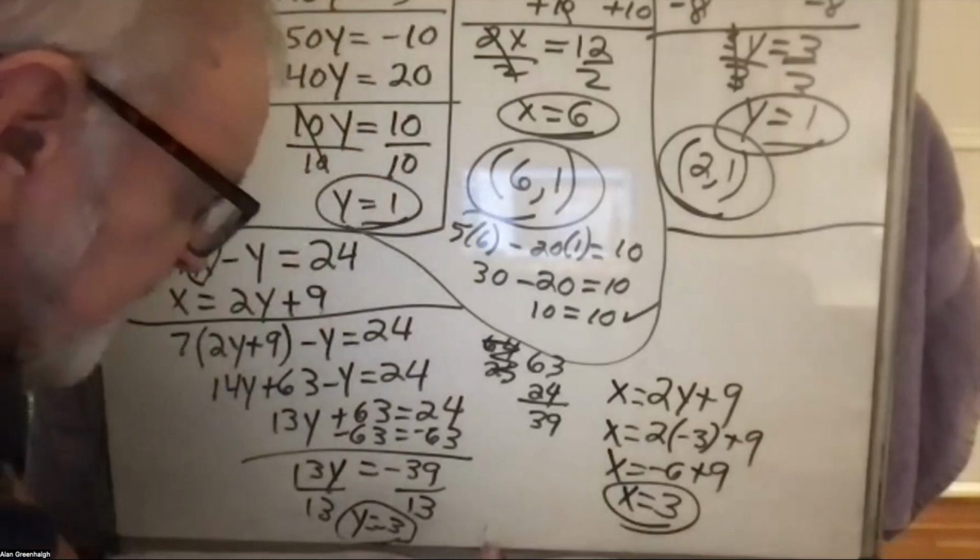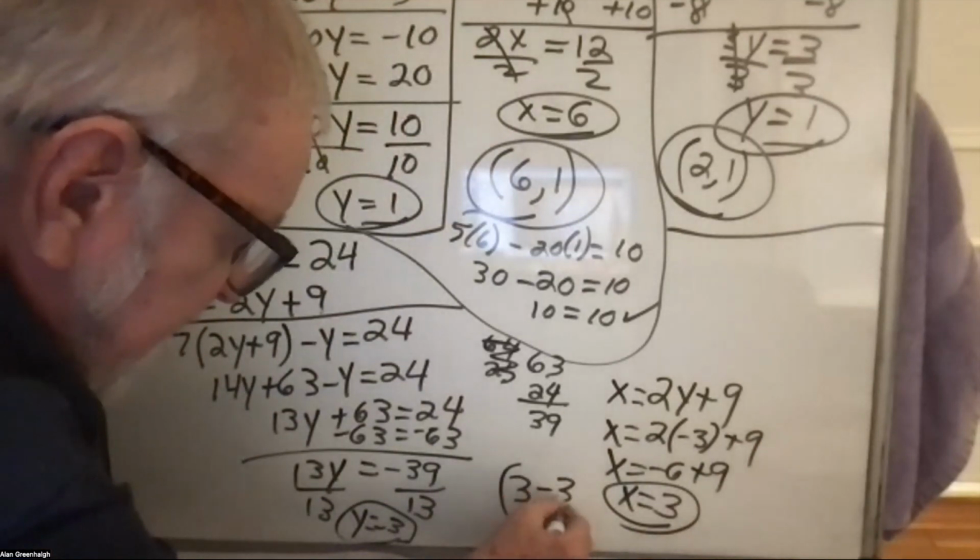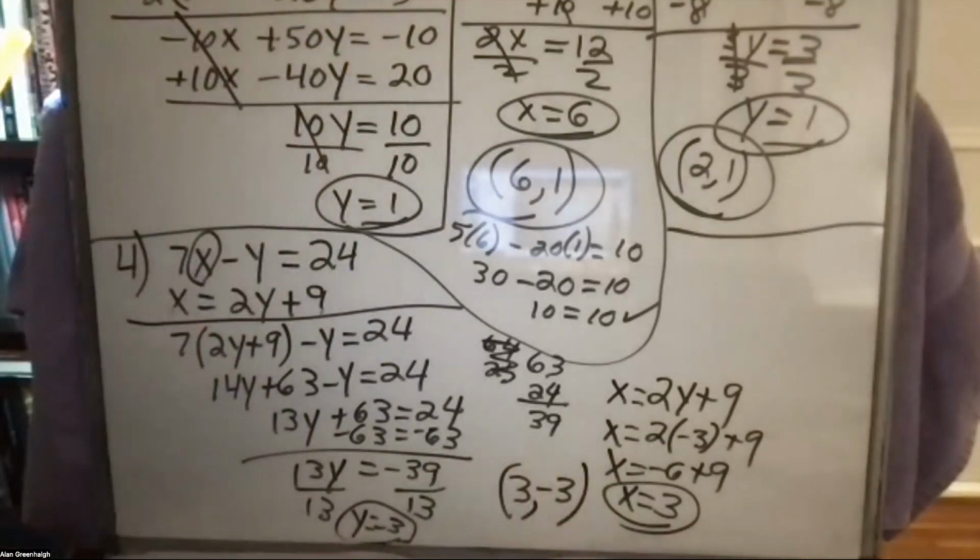So the answer is, I hope, x is 3, y is -3. And it is. I just checked it in the first equation, and it came out 24 equals 24.